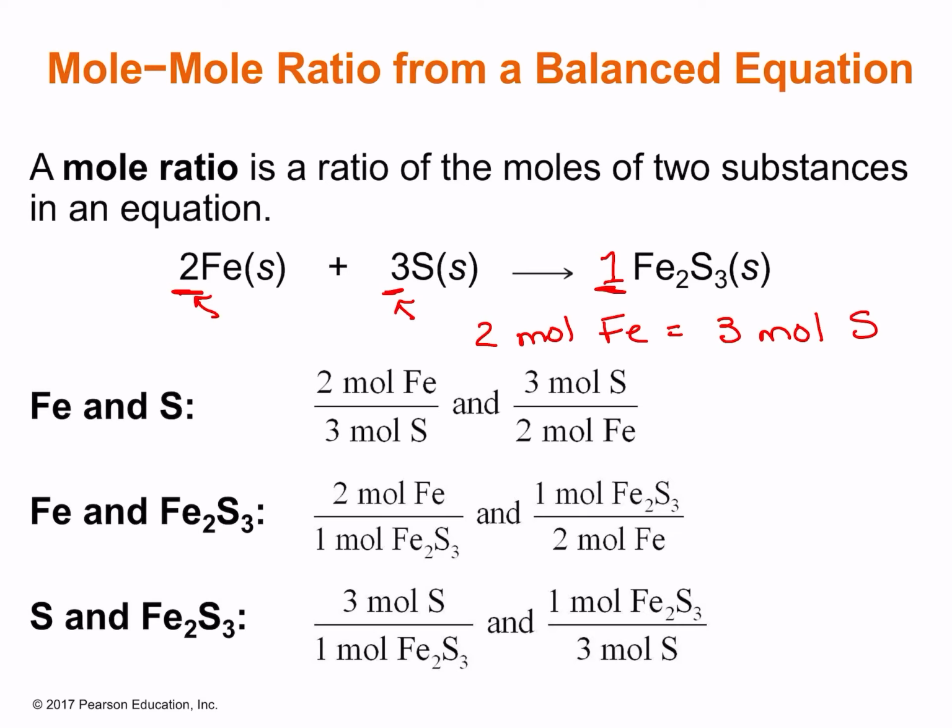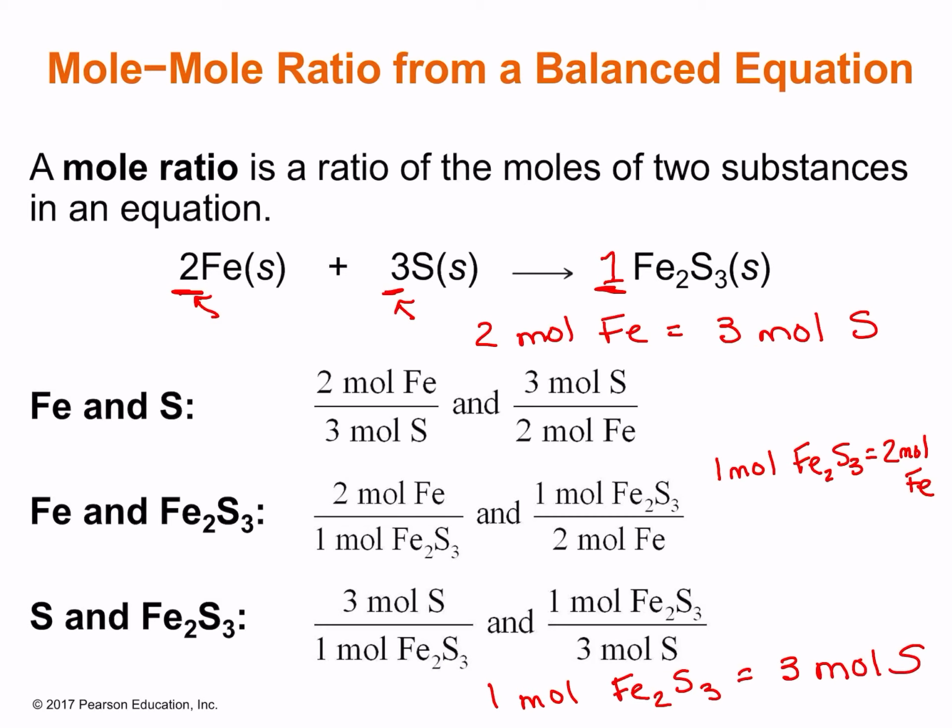We can do the same thing with 1 mole of iron sulfide equals 2 moles of iron, with iron on top or iron sulfide on top. And the one at the bottom is 1 mole of iron sulfide equals 3 moles of sulfur. You just need to see which one you need to use for your train tracks.